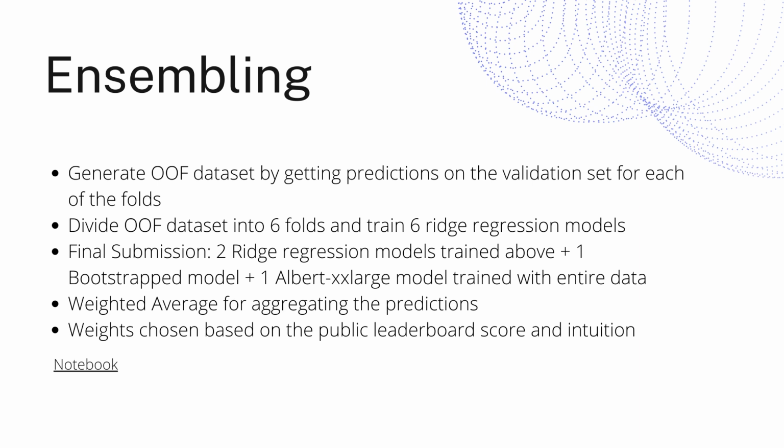The weighted average was taken for aggregating these predictions, and weights were chosen based on the public leaderboard and intuition. This is again not recommended, as it tends to cause public leaderboard overfitting. And I have again mentioned the corresponding notebook here.